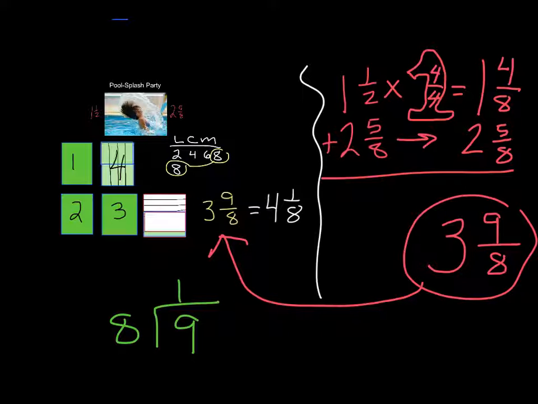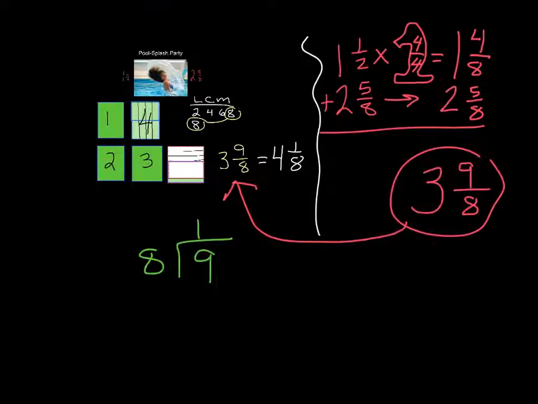And that will go in there one time. Now, when I do that, 8 times 1 will give me 8, and I subtract, and I get 1 left over. So I put my remainder as the numerator, and then my denominator is the divisor, just comes straight up here. So I'm going to put the 8 there.